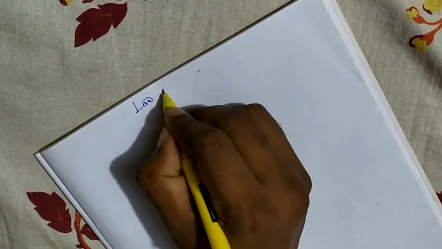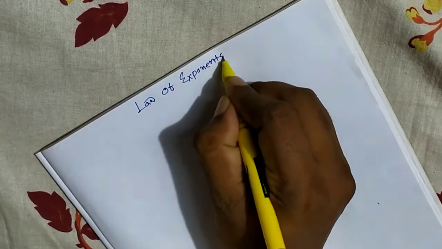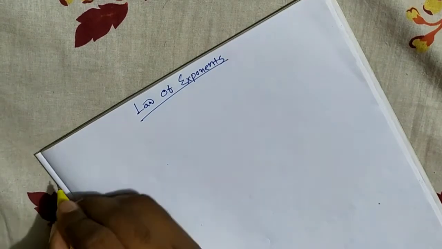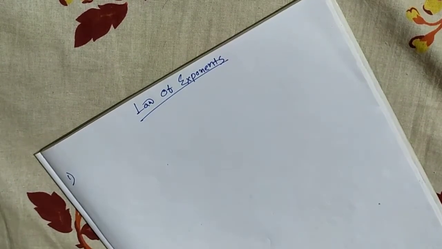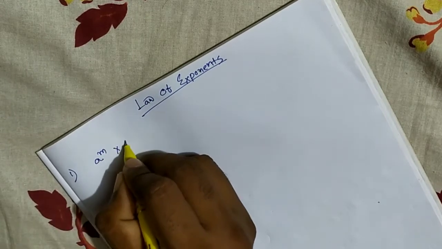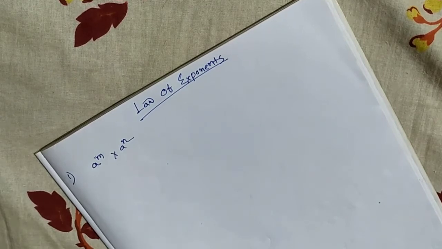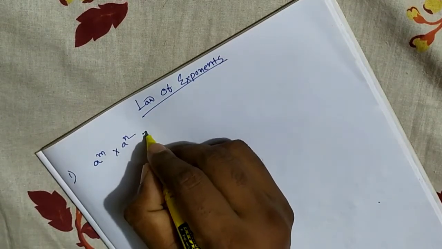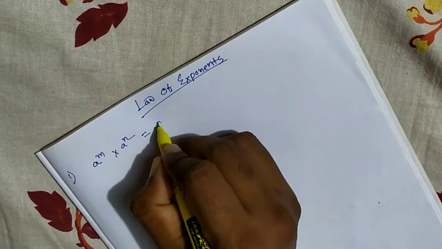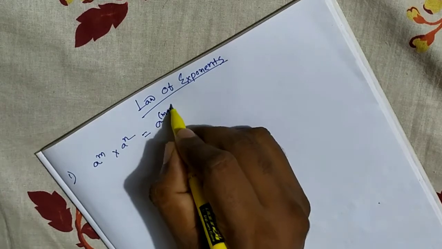Next part, laws of exponent. Law number 1: a to the power m into a to the power n is a to the power m plus n.